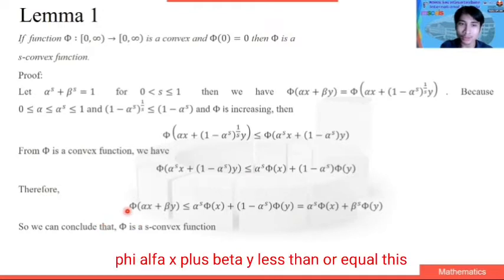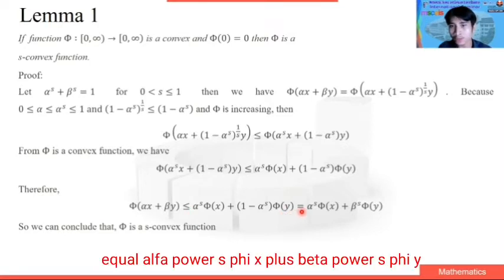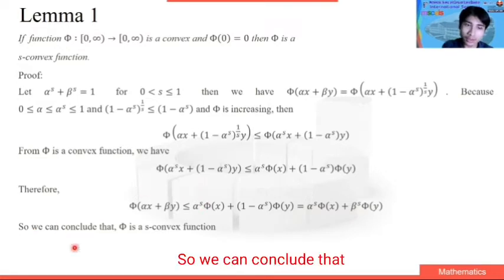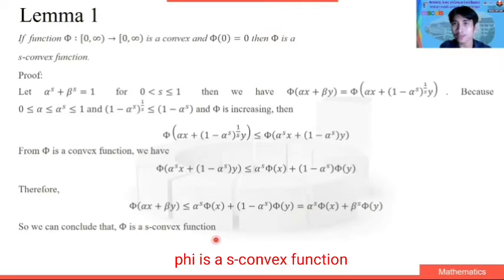Therefore, phi(alpha x plus beta y) is less than or equal to this, equal to alpha to the power s phi(x) plus beta to the power s phi(y). So we can conclude that phi is an S-convex function.